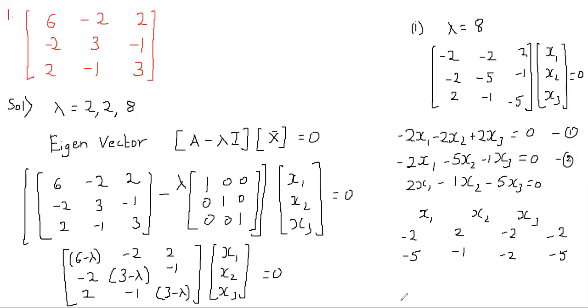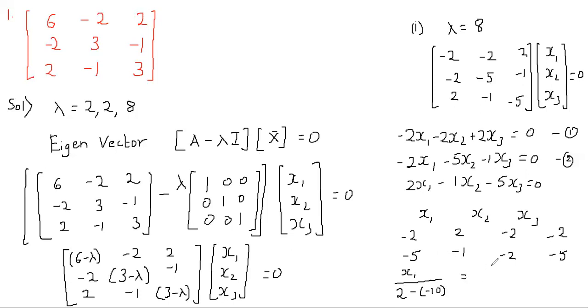Okay, so next we have to find what x1, x2 and x3 are. How can we find this? We write x1 by, and we cross multiply: minus into minus will become plus, that is 2 minus of 5 2s are 10, so minus 10.